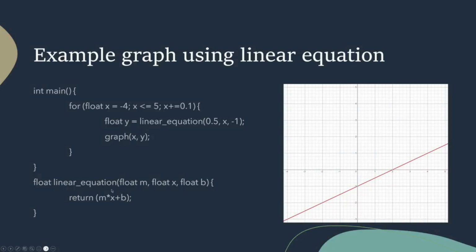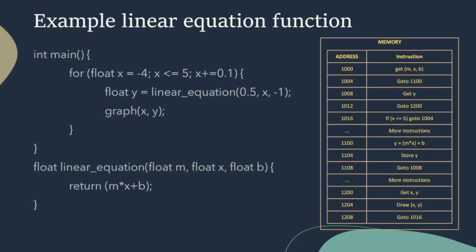So that function is going to execute, it's going to return a value, which is right here, and it's going to stick that into y, and then we're going to graph the x and the y values. So that's how functions work. If we were to map that again into memory, what does the compiler do with all this stuff?